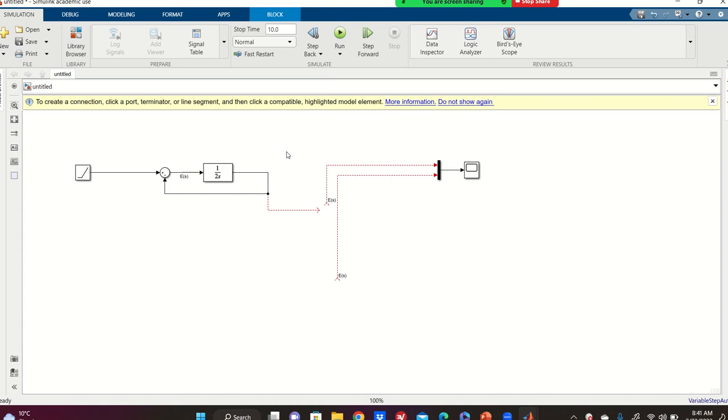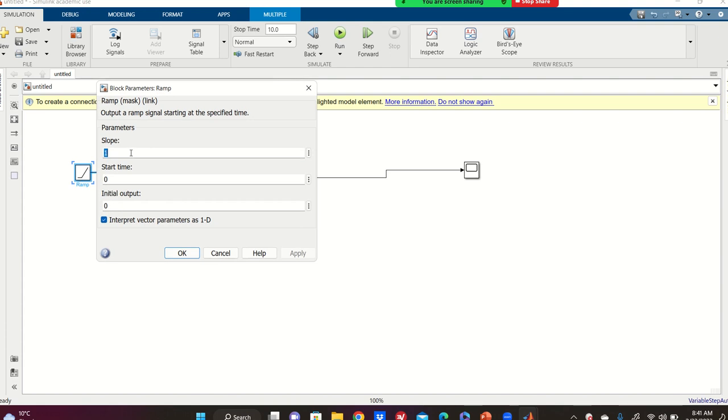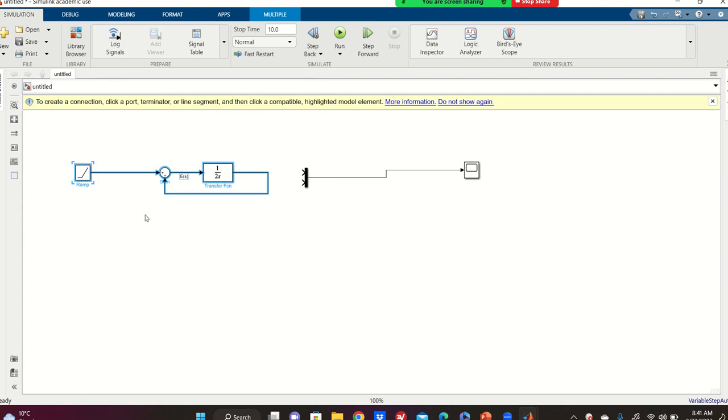I'm going to delete all this. Okay. And why I'm putting this, let me first double click on the ramp. So slope is 1, means 45 degrees, starting time 0, initial input is 0, obviously. Okay. So I'm gonna copy paste on this as I did in coding.